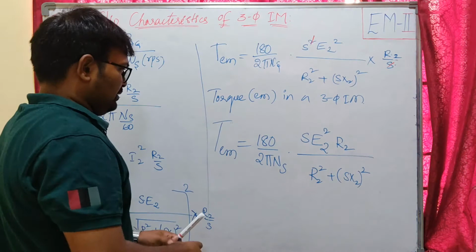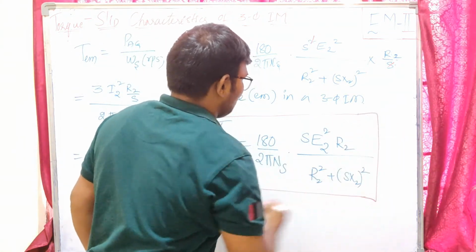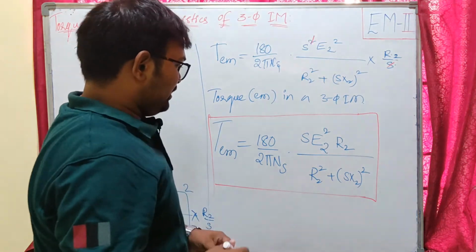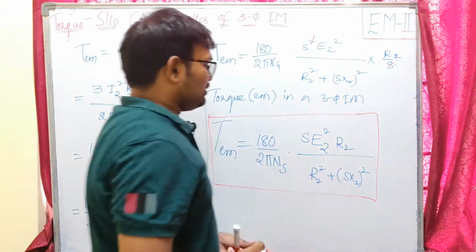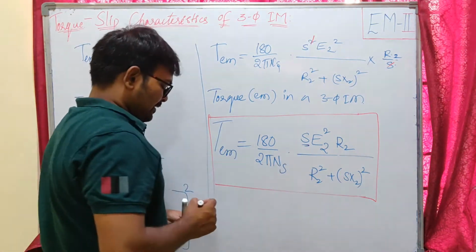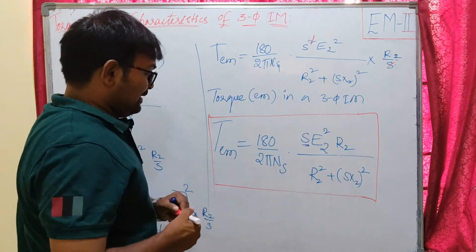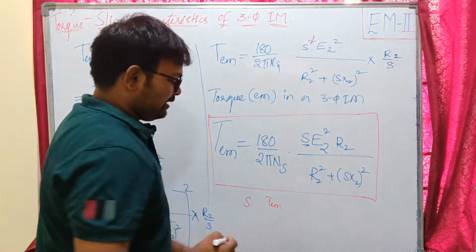So I have derived a torque equation of the 3-phase induction motor in terms of our equivalent circuit parameters. All these are equivalent circuit parameters except our slip. Whenever we have a slip change, there will be a change in our electromagnetic torque.